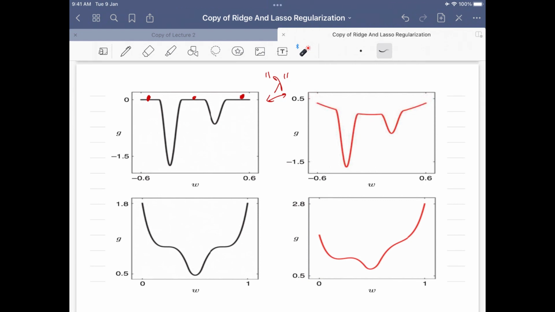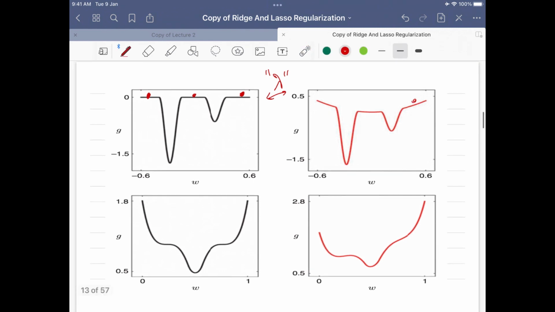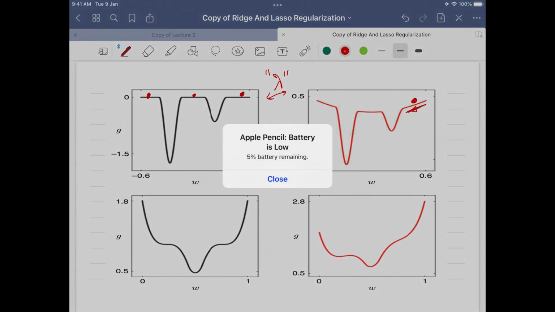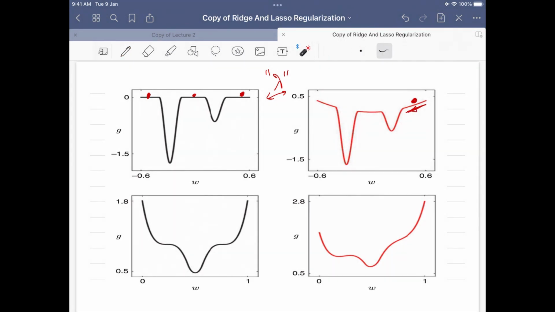Now if your algorithm is initialized at this point, you will have some gradient coming up here, and because of this gradient your point will flow down into this valley. And if your point is initialized here, because of the gradient it will move down and can fall into this hill.